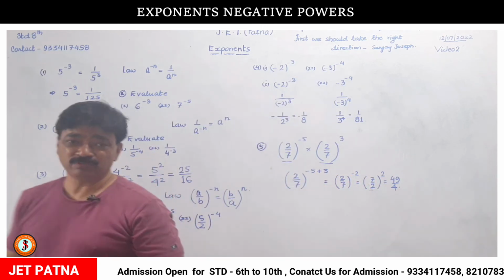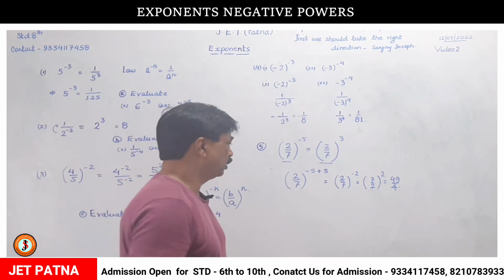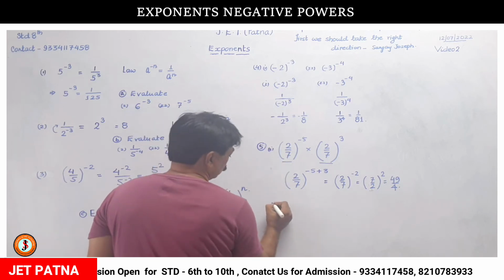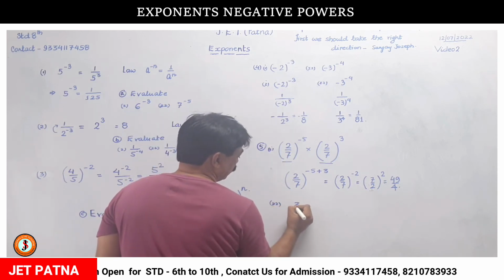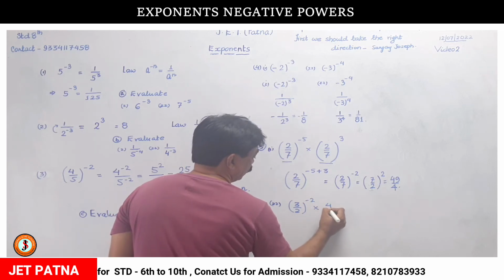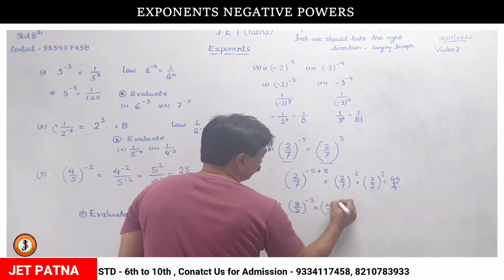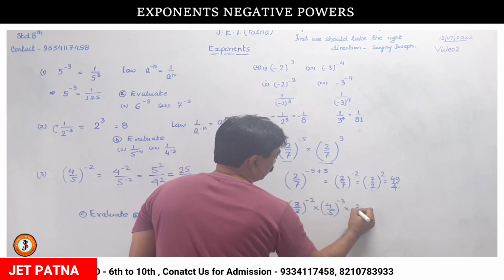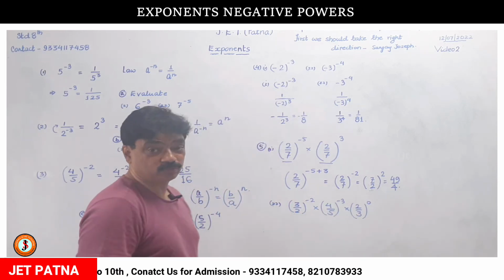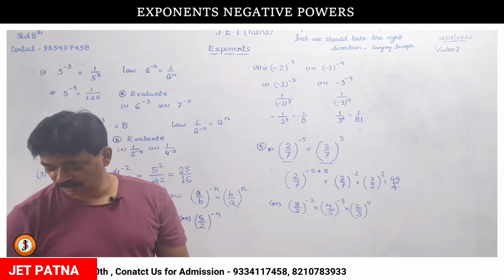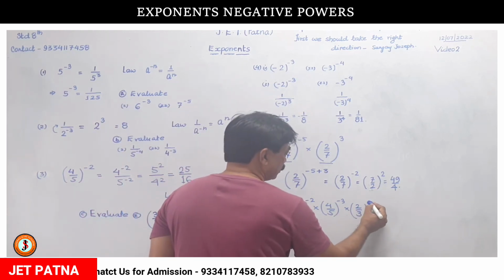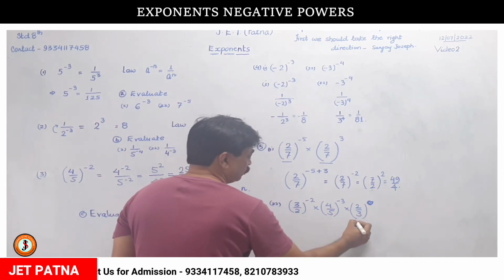Many times in between they will give you a question like this: 2 by 3 to the power minus 2 into 4 by 5 to the power minus 3 into 2 by 3 to the power 0. You don't have to worry about this 2 by 3 to the power 0, because you know that 0 power means over here is 1. So you don't have to look at it.